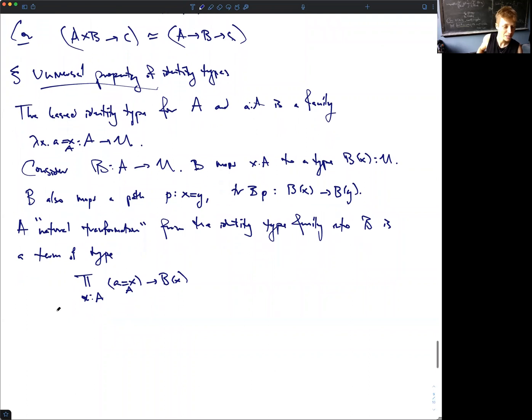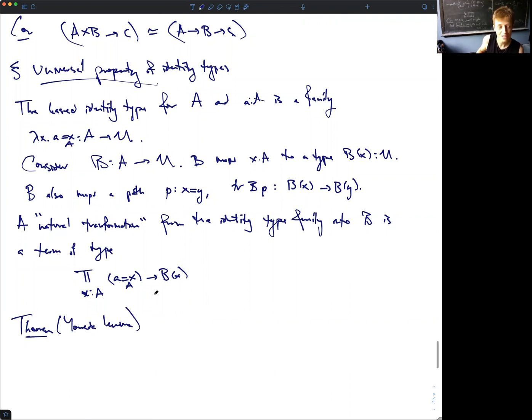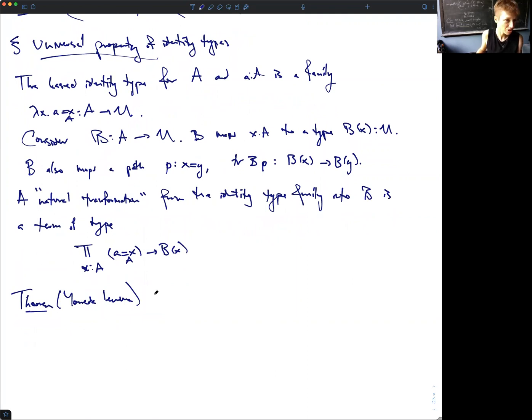So all of this is to explain why the following theorem might be called the Yoneda lemma, for folks who know about the Yoneda lemma. And what is the Yoneda lemma? The Yoneda lemma asserts an equivalence between natural transformations and much smaller data. So the following map is an equivalence.